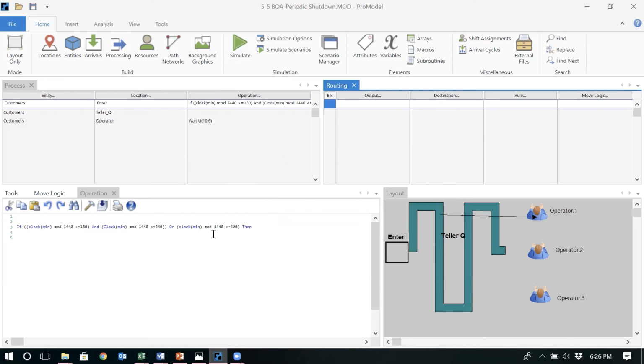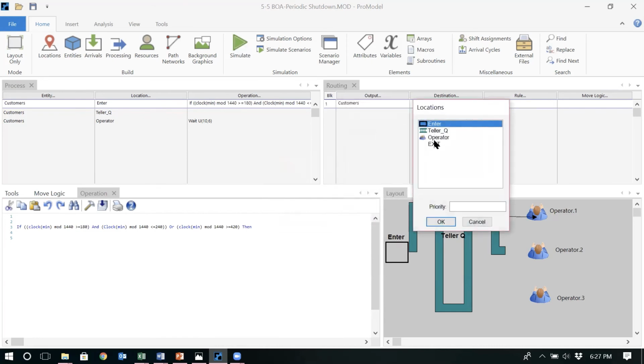If we do not want to let the customers come in, that means we are going to set those customers to exit.